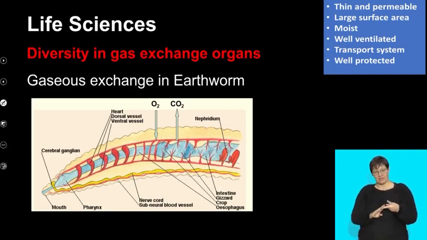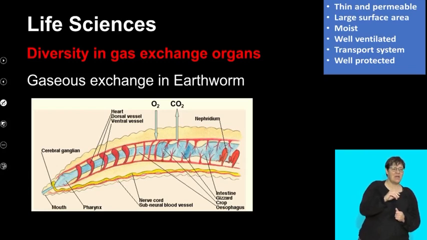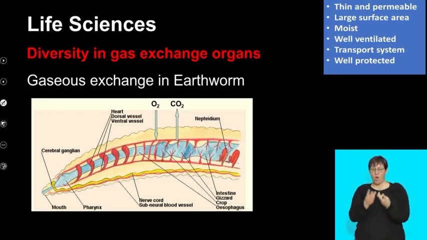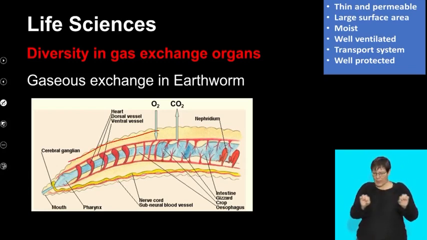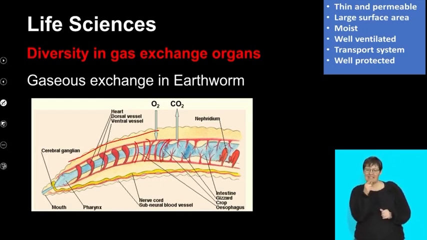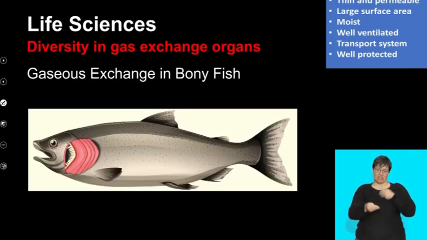The earthworm. You looked at the earthworm when you looked at animal biodiversity. What does the earthworm have? The earthworm's skin is nice and moist, and it has all these blood vessels that can transport. Again, it's this understanding, not the knowledge of the earthworm, but how it ticks the boxes of a gaseous exchange surface.